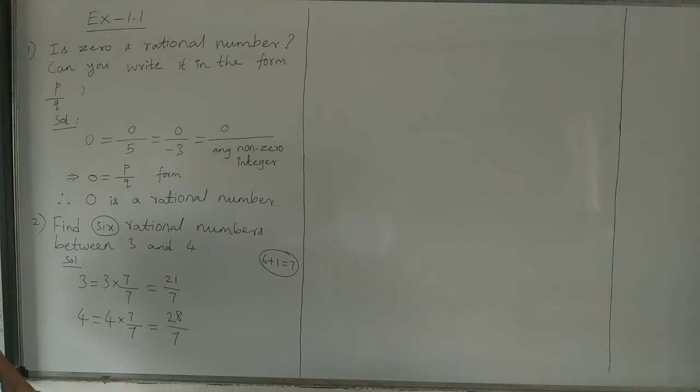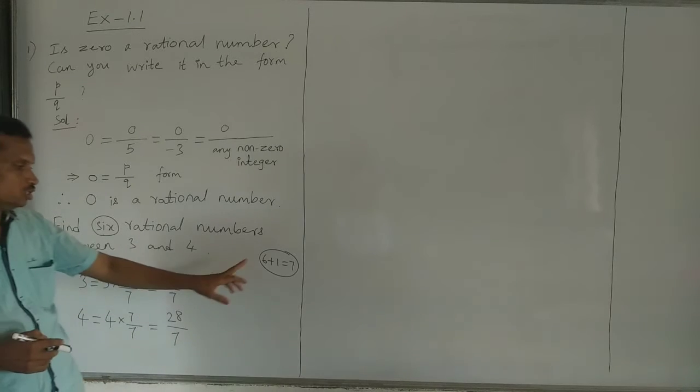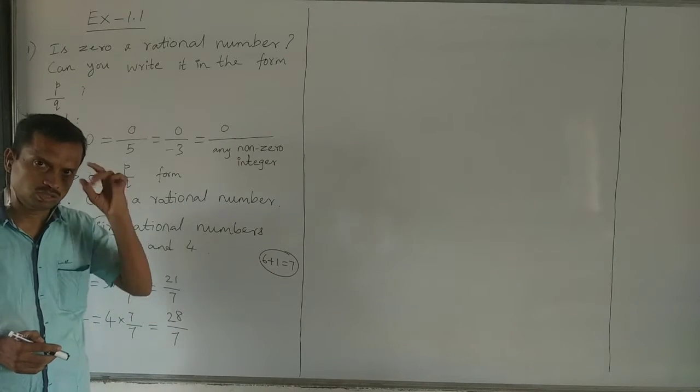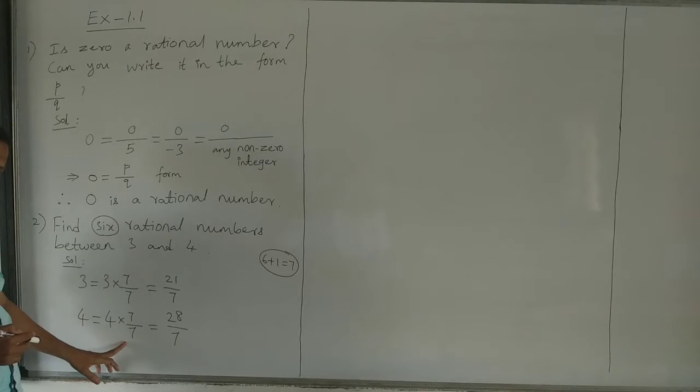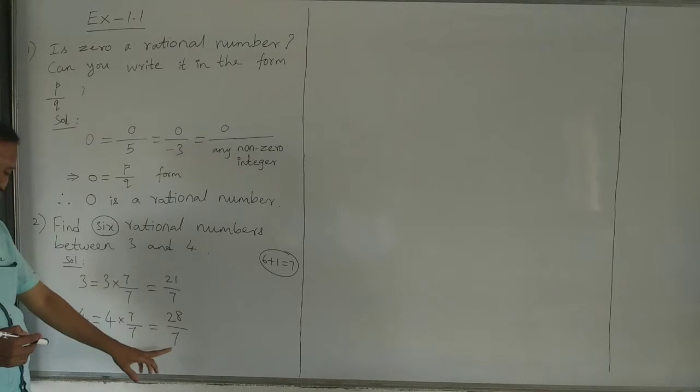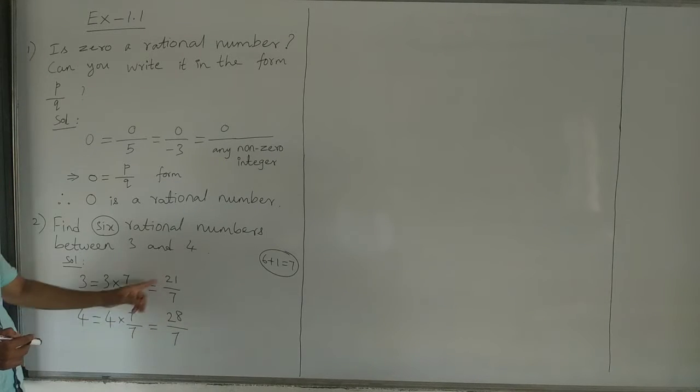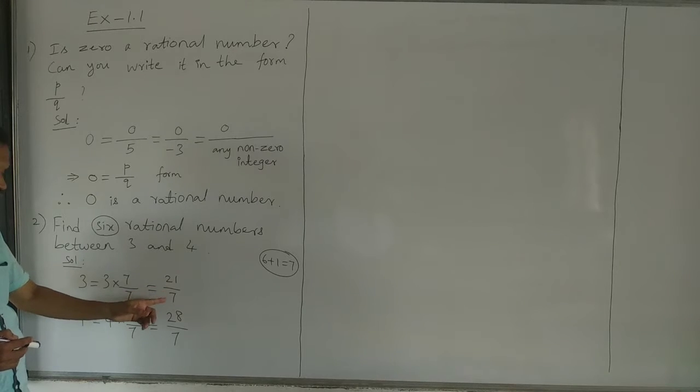So this is the way. Shall I repeat it? They are asking 6 rational numbers. So 6 plus 1 is 7. So we keep that in mind. And the first number you have to multiply and divide by 7. You get 21 by 7, which is nothing but 3. And 4, again you multiply by 7 and divide by 7, that is nothing but 28 by 7, which is equal to 4. And now you can easily write the numbers between these two.